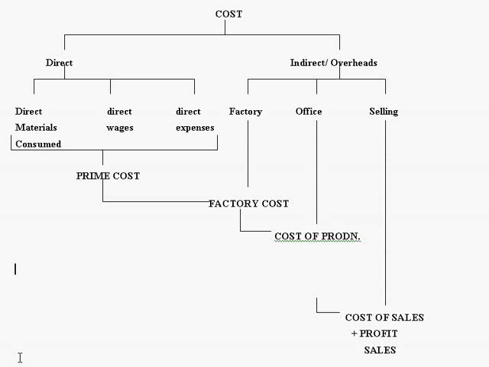So the value of work in progress includes materials, includes wages, and includes some part of factory overheads.